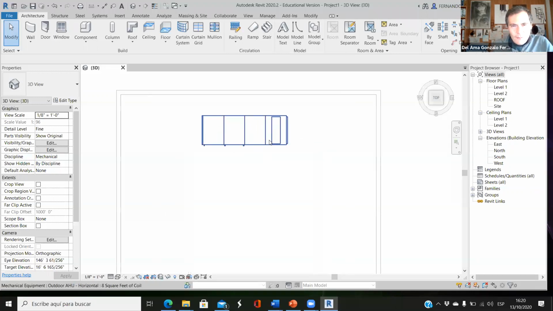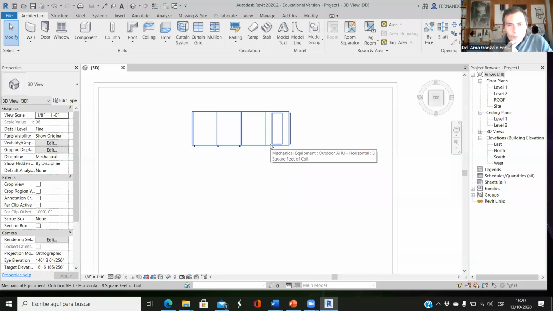But I want to do something new today, which is we want to include the other systems. So you remember that in the assignment, we have two options. We can either use a ground source heat pump, or the other option, we had to use a water-cooled chiller, a boiler, and a cooling tower.